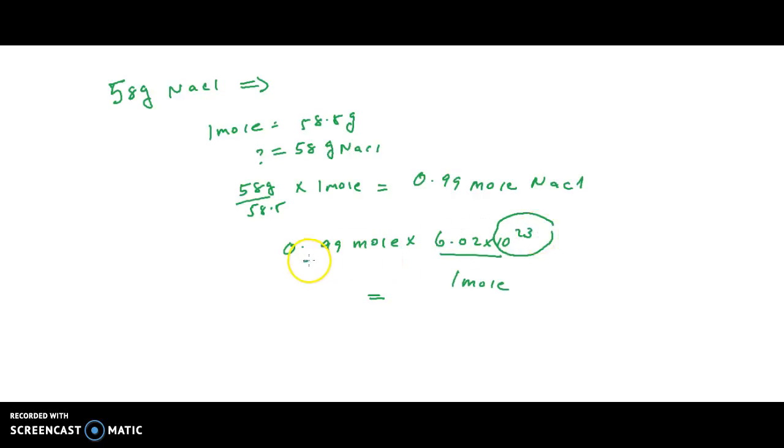You just multiply 0.99 by 6.02, which gives you 5.95 times 10 to the power of 23. So it's a little bit less than 6.02 times 10 to the power of 23 molecules.